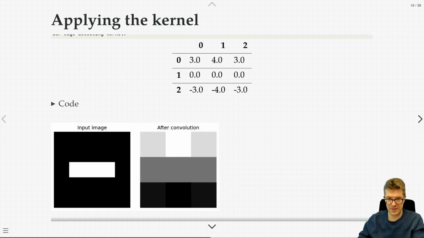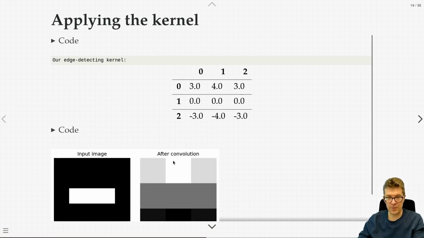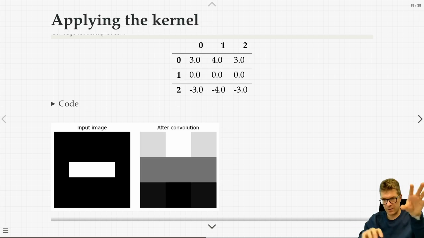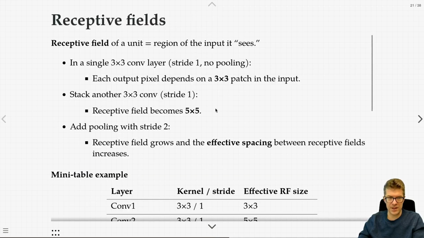To keep that as a visual, this is a 3-by-3 kernel passed over this image, and then this will give me this output over here. If I have another kernel after this block, a second layer of neurons on top of this layer, it'll essentially see a 5-by-5 region of the original image.